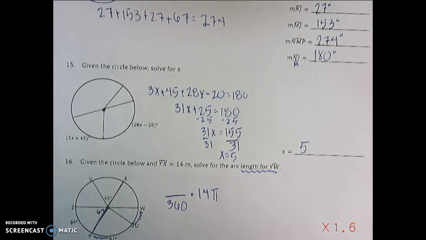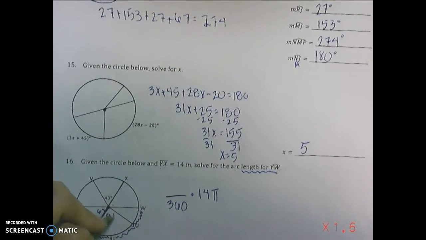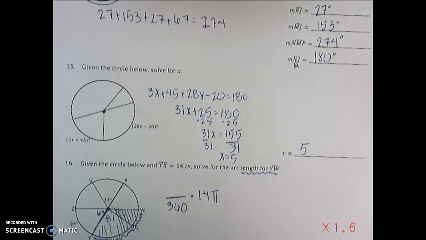Then I need to figure out the arc length for YW, so this whole bit. I know this is 81, I know this is 64, and now I need to figure out this little sliver, because that's the length I'm looking for.